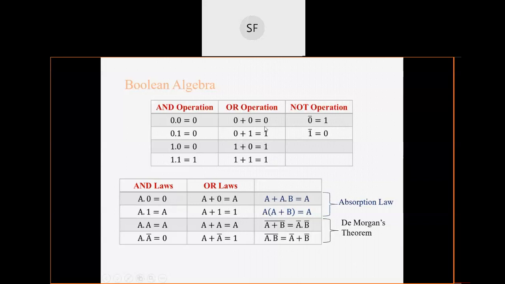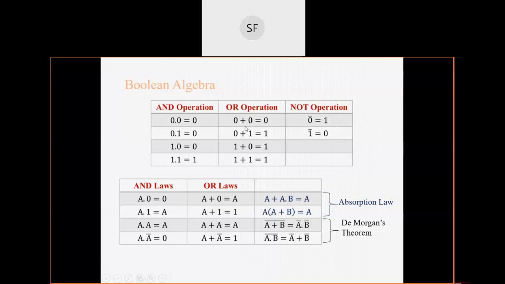Similarly, what does the OR operation tell you? That the output will be high if any one of the inputs is high. So this plus symbol is the operator for OR. Plus is the symbol used to show that there is an OR operation between these two variables.